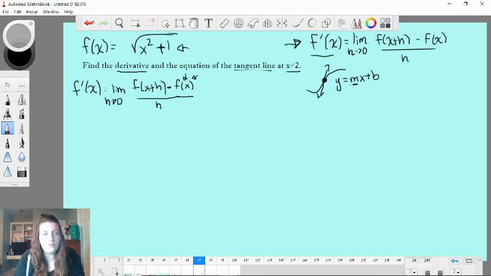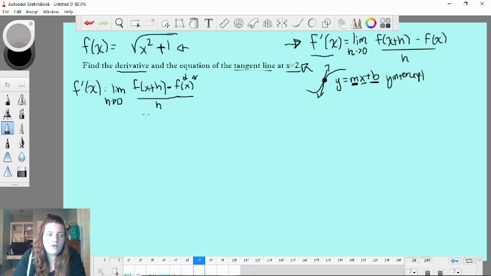M is your slope at that point, so it's going to provide you the slope. B is your y-intercept, and then x will be 2 in this case. So we'll plug in 2 once we find that equation for the tangent line, so we can solve for it. Okay.